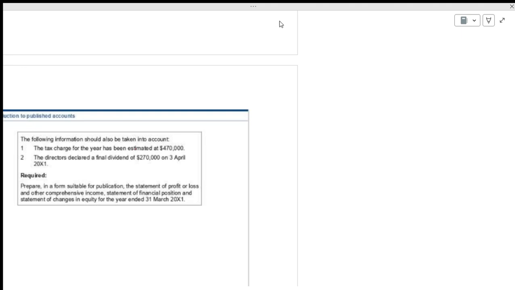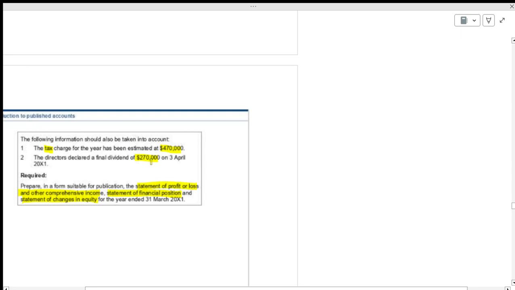What they are asking: statement of profit and loss and other comprehensive income, statement of financial position, and statement of changes in equity. Now we have to do 1, 2, and 3. They have taken tax as 470. Directors have paid a final dividend of how much? 270.